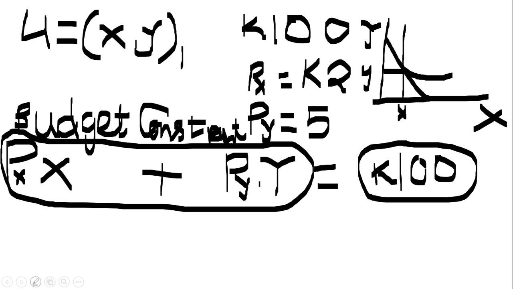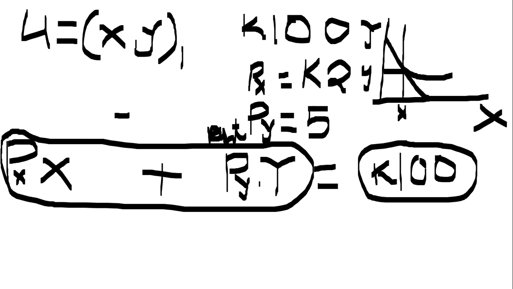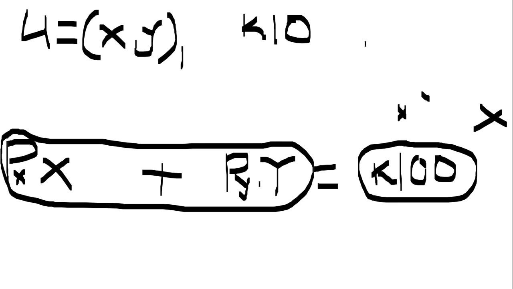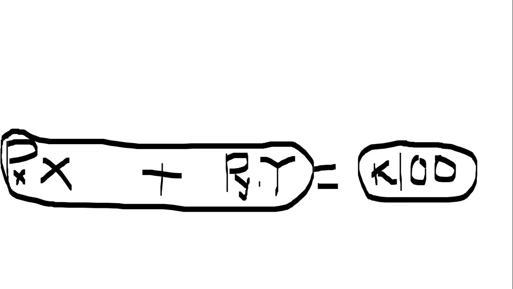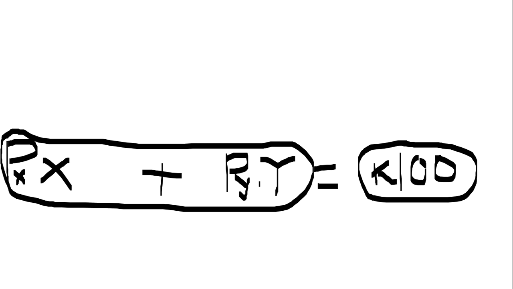So now we are saying that for us to do this work, we need to derive the Marshallian demand equations. But again, for us to derive the Marshallian demand equations, we need to use what we call Lagrangian equations.